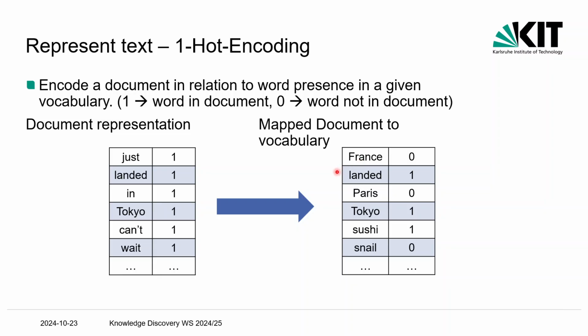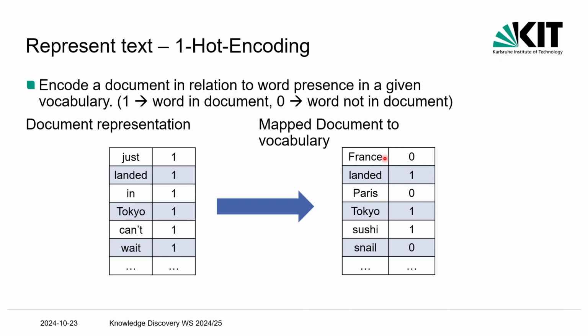We just flip it from 0 to 1, and the idea here is that this allows us to represent a document in the fashion of saying, hey, is this word in this document? Yes, no. And as you might see, we just have ones or zeros.